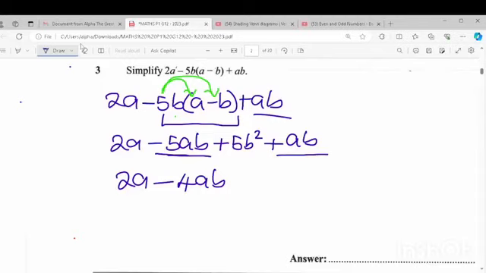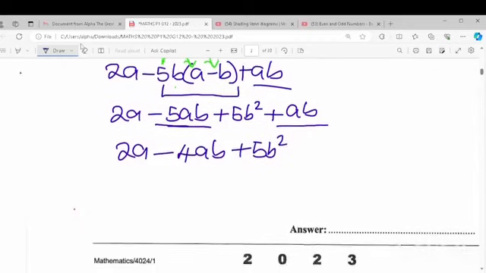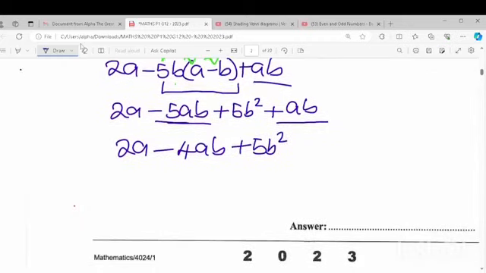No. So this comes here, 5b squared. Now this is the final answer because this expression is in its simplest form. So you have 2a minus 4ab plus 5b squared.